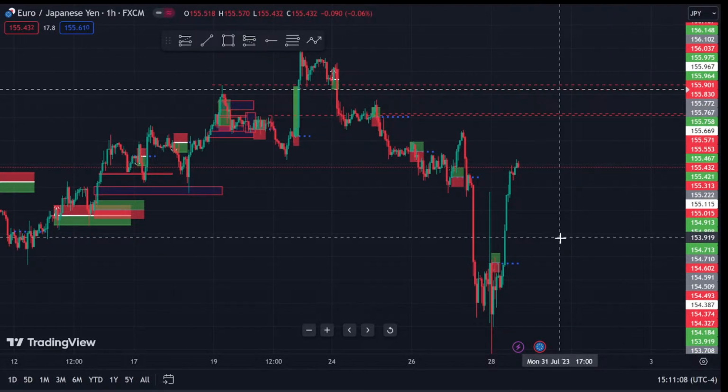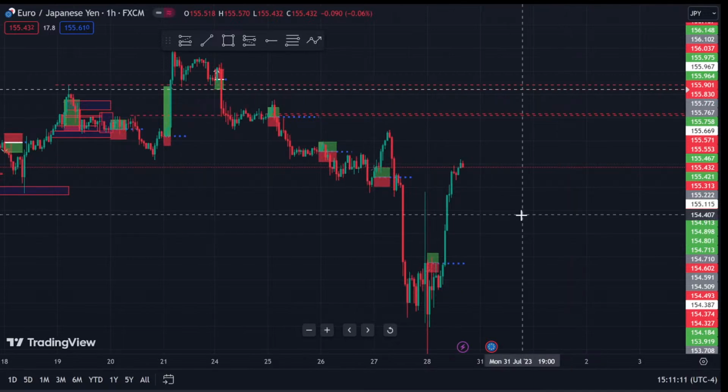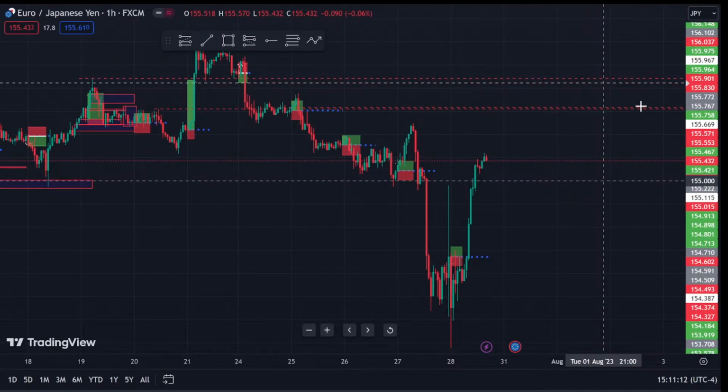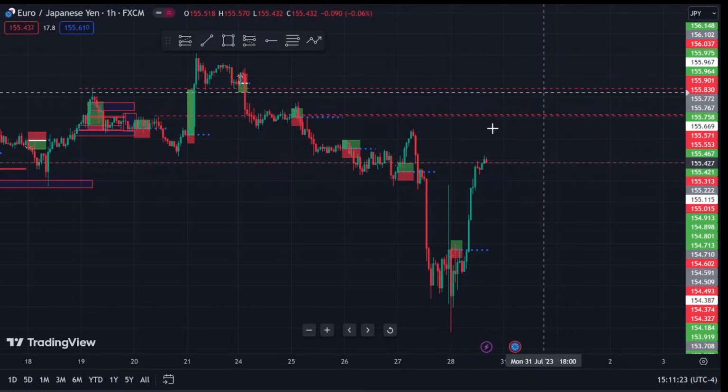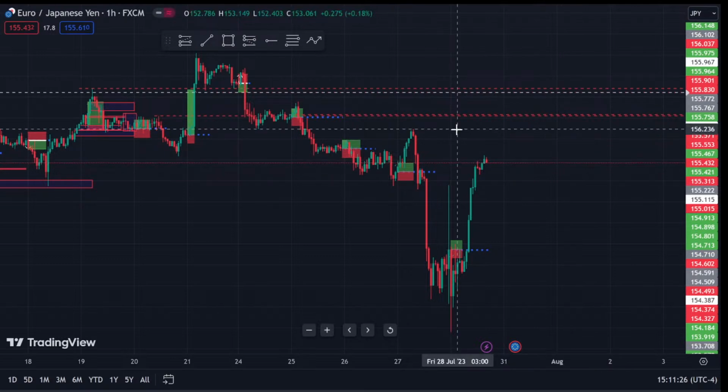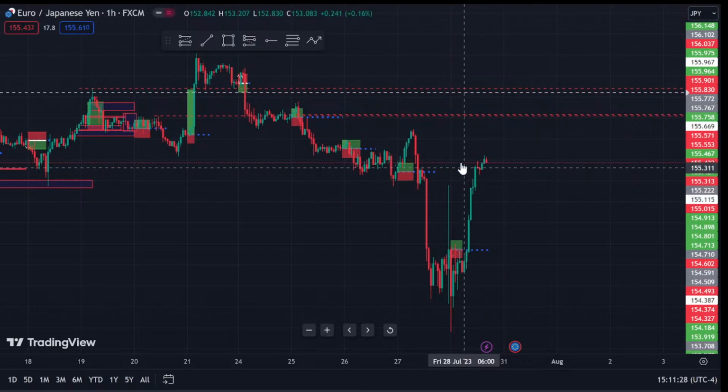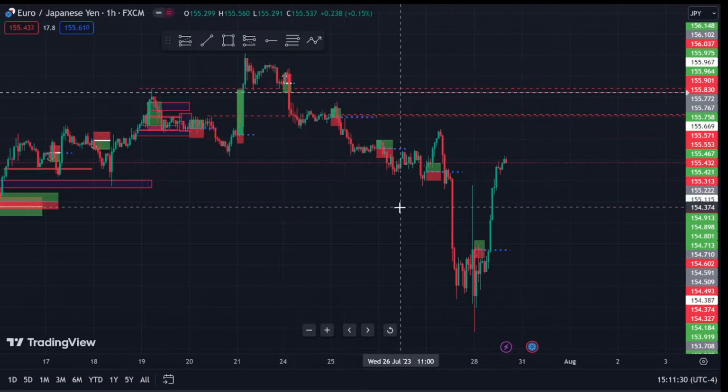Is it going to move down or is it going to move up? That's the biggest problem in Forex. How to know where the market is moving? That's the issue, and that's why I'm here to explain how to understand where the market is going.